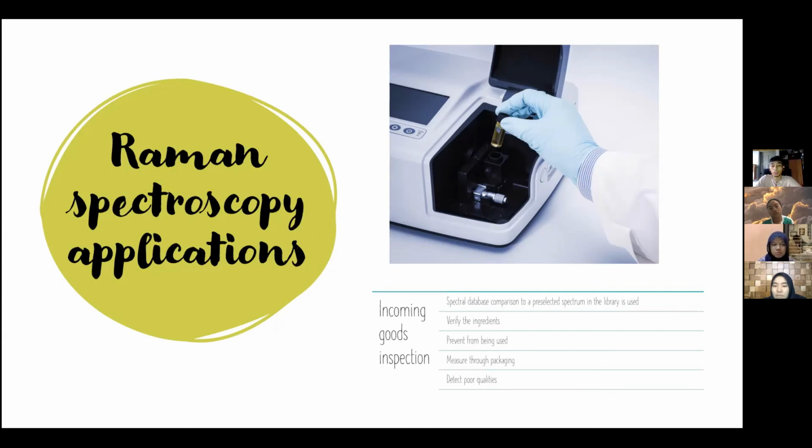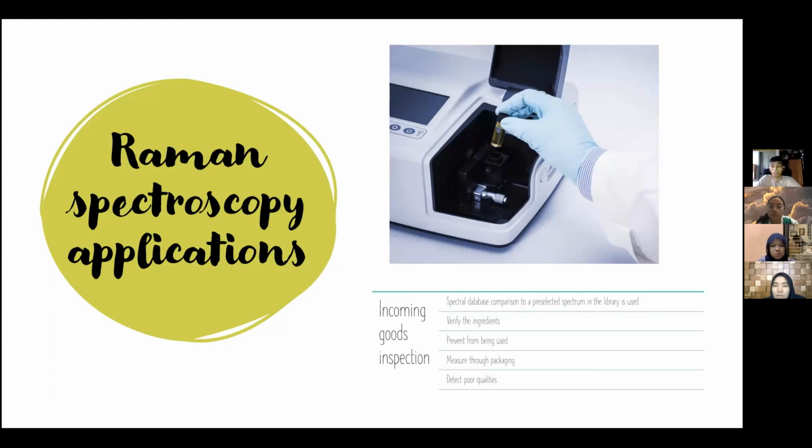If we don't know what ingredient or chemical we are using, we can use Raman spectroscopy to inspect. Other than that, it can prevent a chemical or solution that is harmful or hazardous from being used.